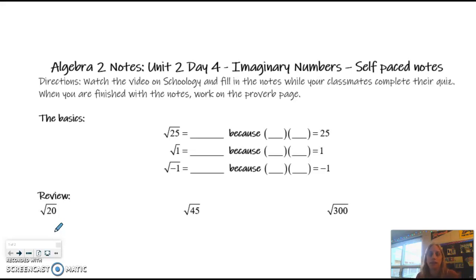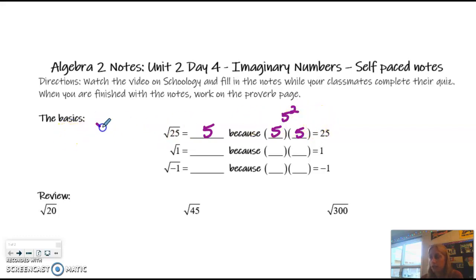So the first thing that we need to go over today is that a square root is the inverse operation of a square. So when I say take the square root of 25, we know the answer is 5 because 5 times 5 is 25. Or another way to say that is 5 squared is 25.